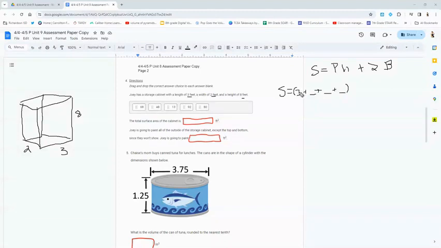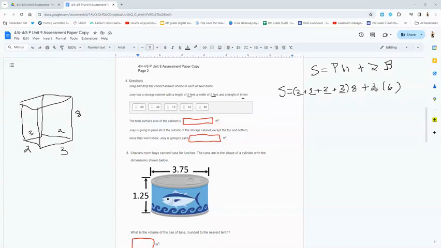That's going to be 2, 3, 2, 3. So those are all the sides of our base. Our height is 8. And then plus 2. And then the area of the base is going to be 2 times 3, which is 6.